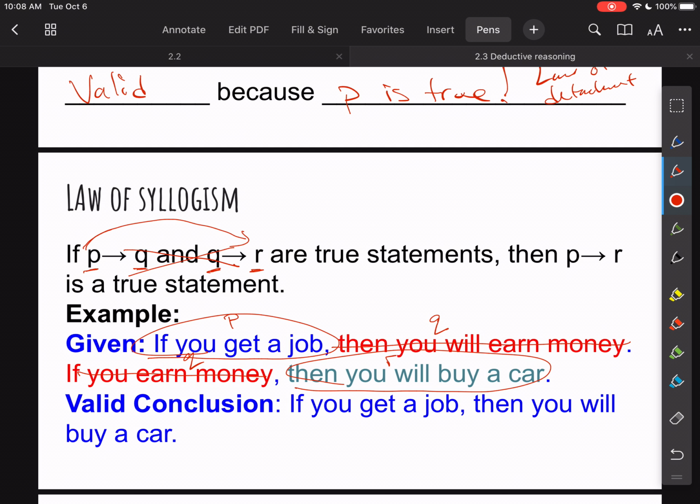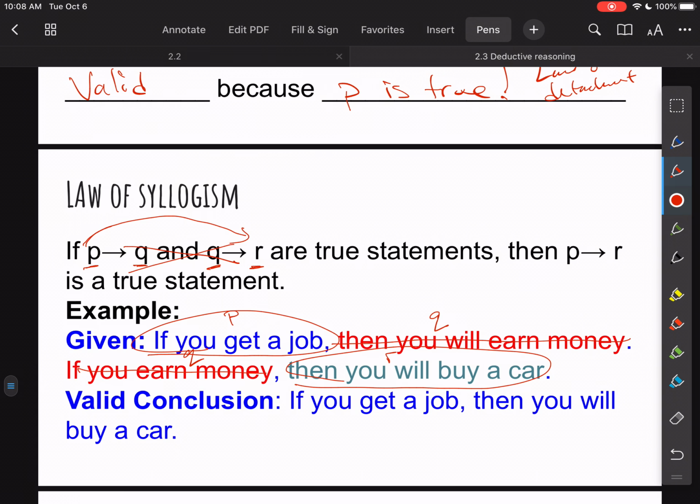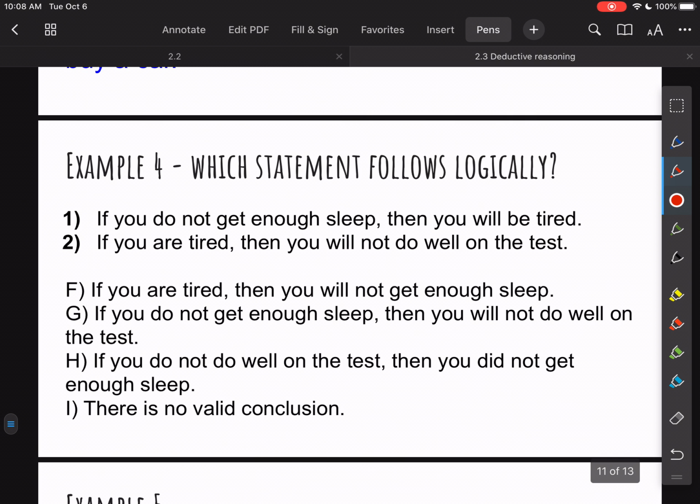That's what law of syllogism allows us to do. It allows us to cut out the Q if Q is repeated twice, and we know that those two things are true.